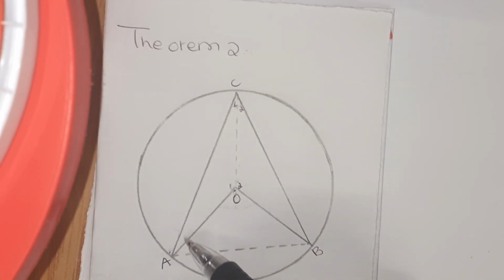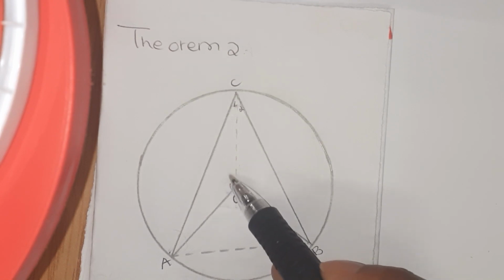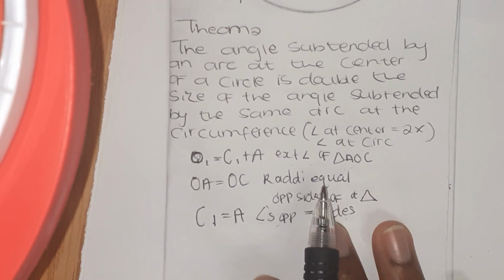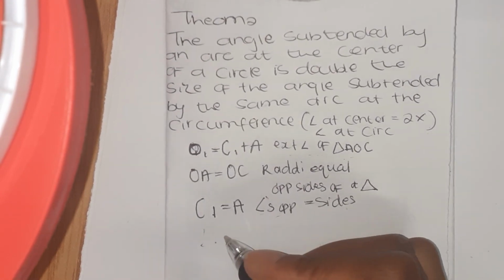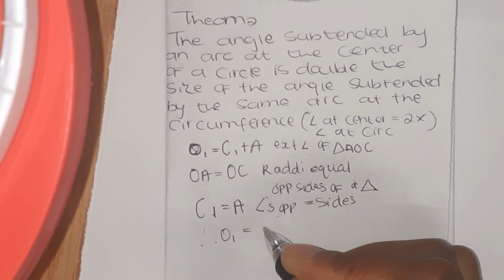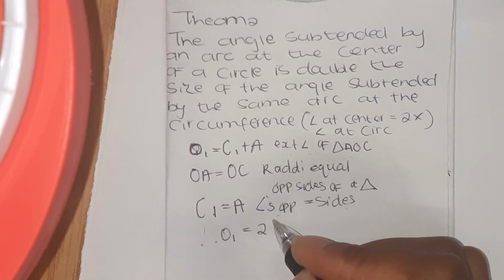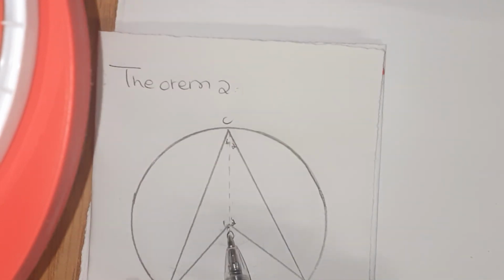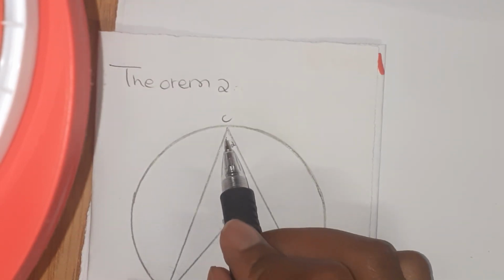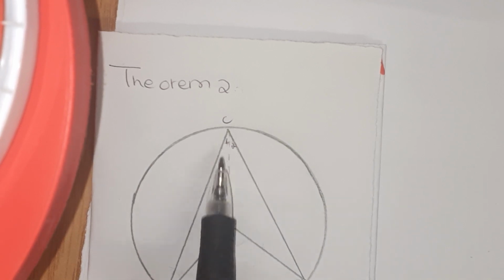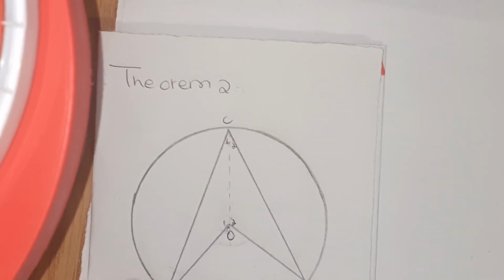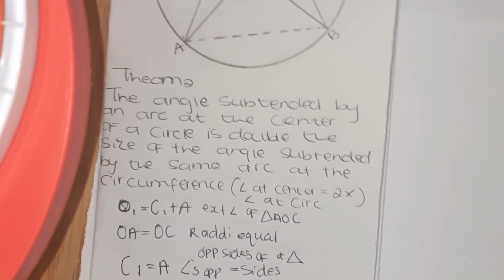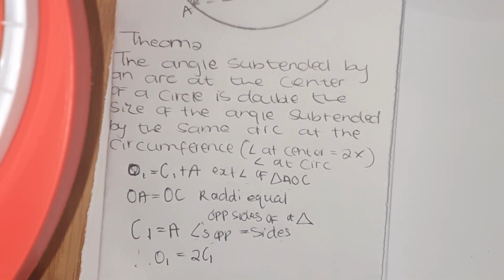Then this plus this equals this. This and this are the same. So therefore O1 equals 2 times C1. So this part here equals 2 times this. You can do the same for this triangle, but you have simply just proved that the angle at the center is twice the angle at the circumference.